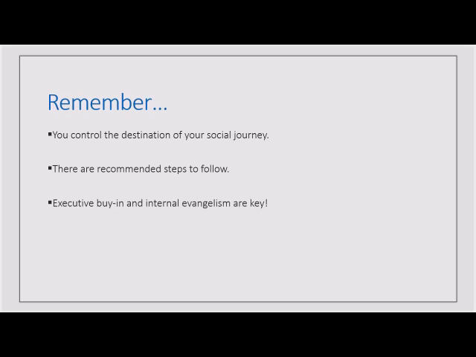You need internal evangelists, power users, community managers. These are all key ingredients to these steps to making the social enterprise and this journey successful. Right? And you can get the executive buy-in and the internal evangelism by having discussions before you do a launch, and to quell those fears that people have.